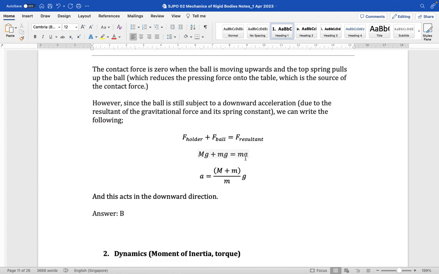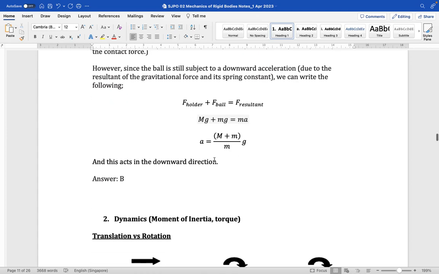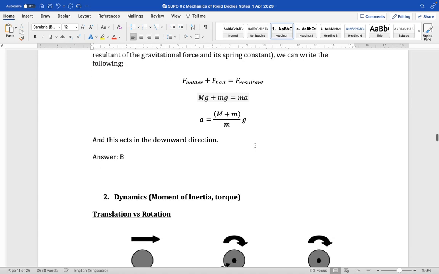It is a resultant acceleration because in this particular case, this is not an example of free body diagrams. Free body diagrams, in your previous lesson, you learned that the object only has the gravitational force acting on it. But in this situation, there is also the spring that is pulling it using elastic forces. So the overall expression will look like a equals capital M plus small m over small m times g, which is option B.